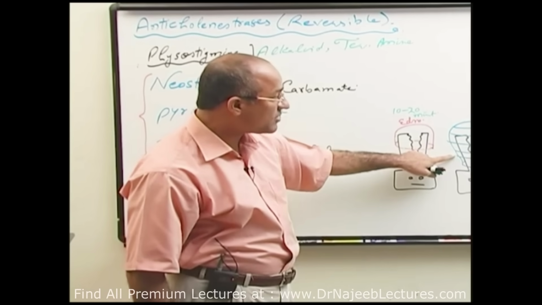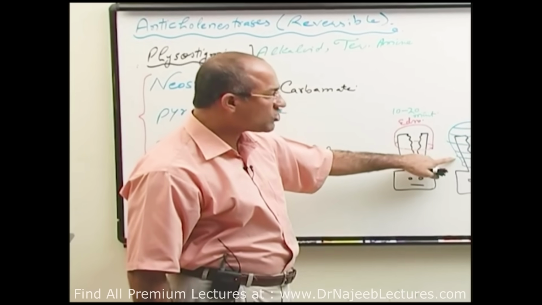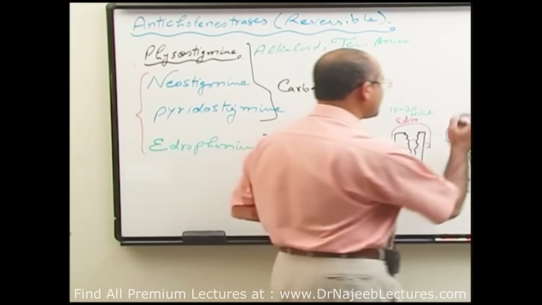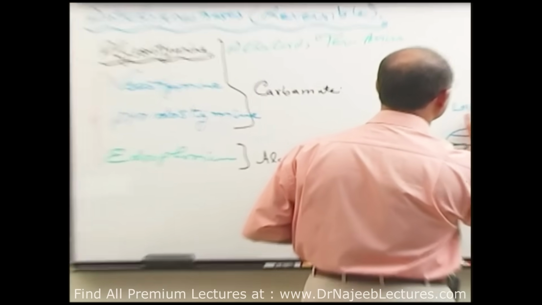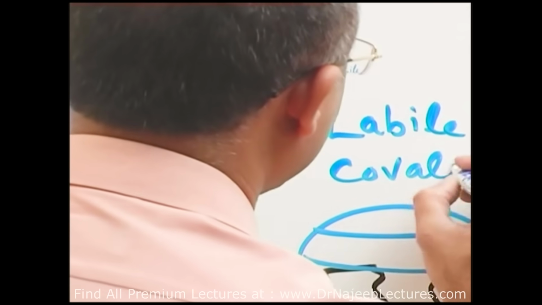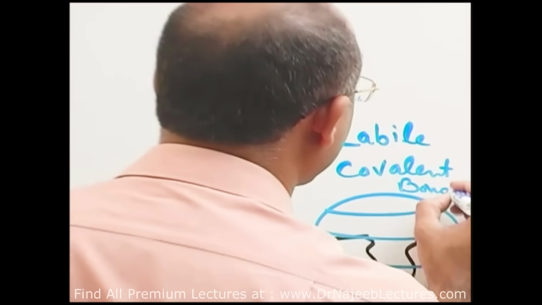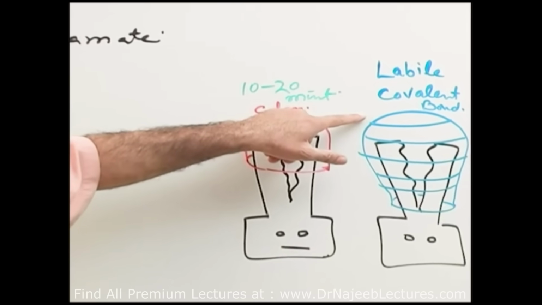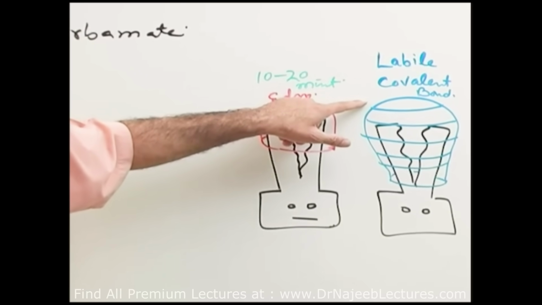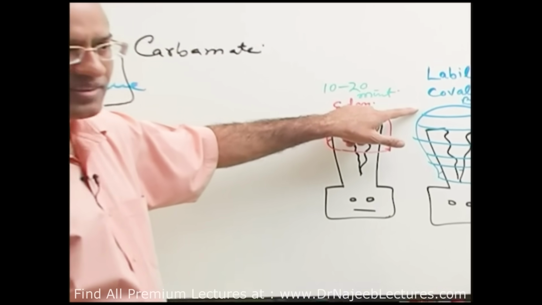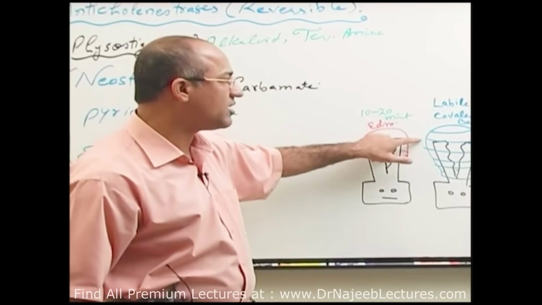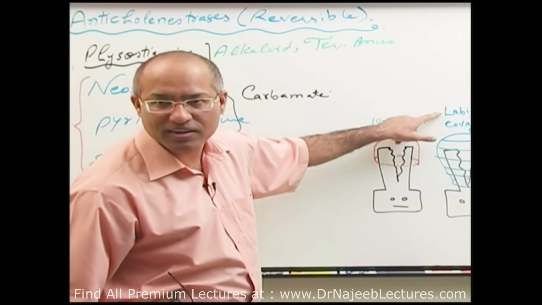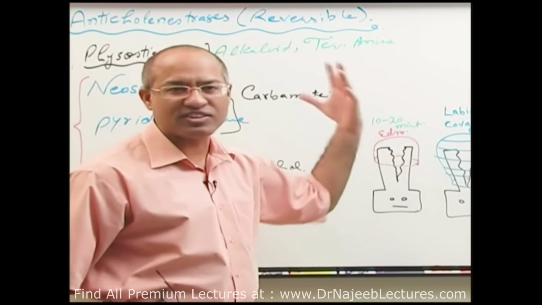But these covalent bonds made by neostigmine or physostigmine are labile covalent bonds. A labile covalent bond is a bond which can be eventually broken. It is a covalent bond, a strong bond, but it is not forever. Eventually it breaks down, the drug goes away and the enzyme can restart its function.